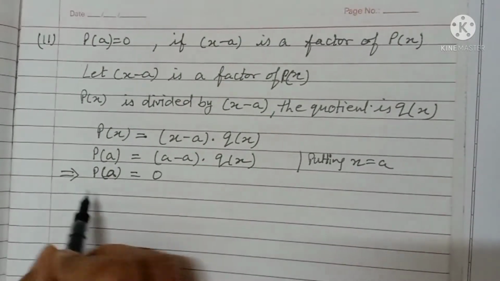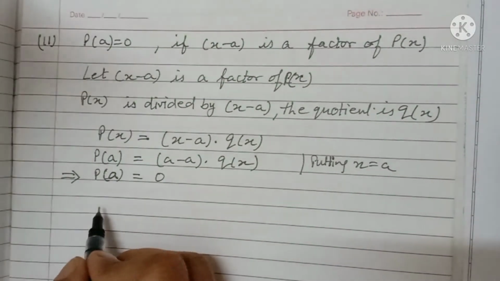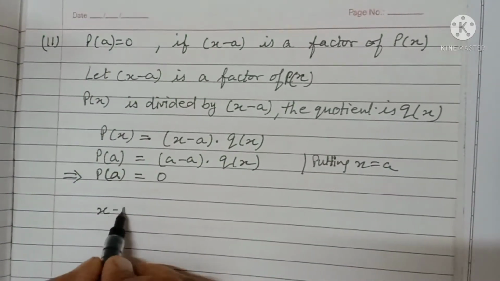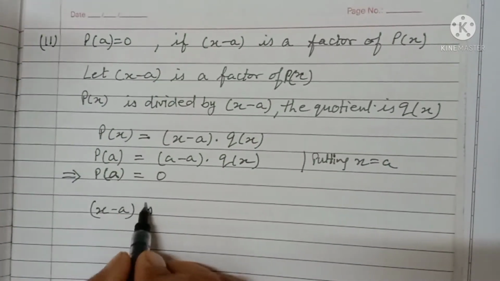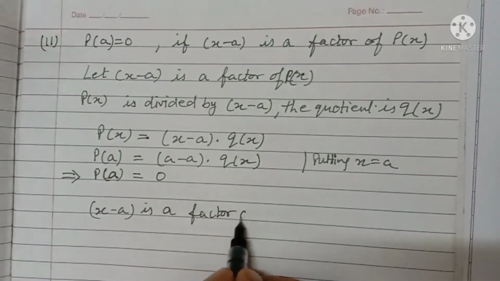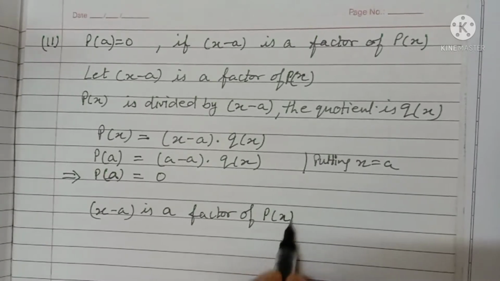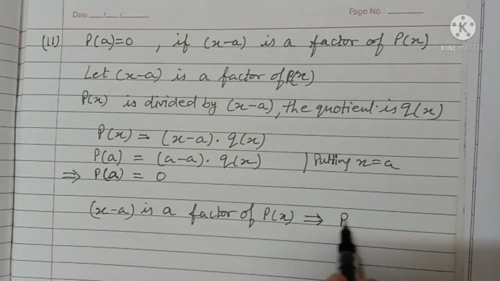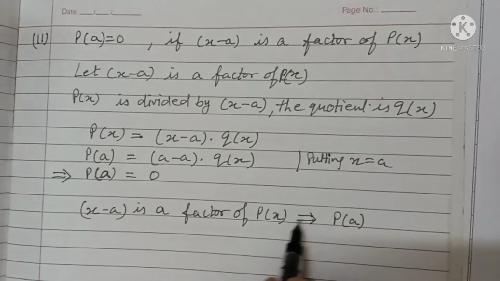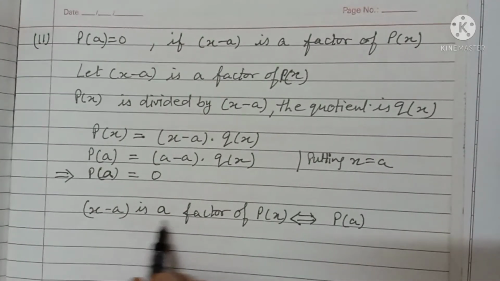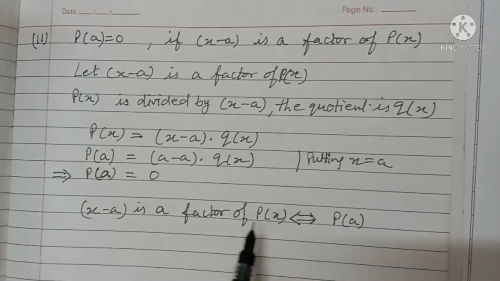So for both, we write it like this: if x minus a is a factor of p(x), it implies p(a) is equal to 0, and if p(a) is equal to 0, then x minus a is a factor. So vice versa.